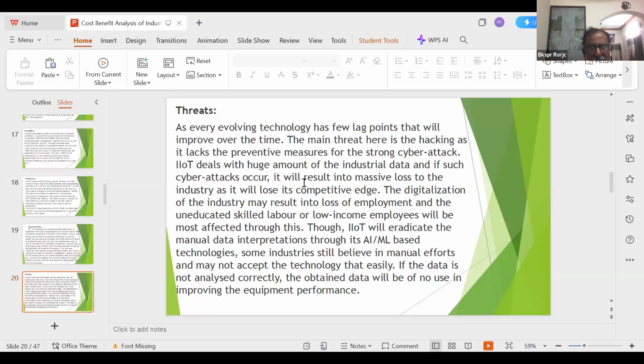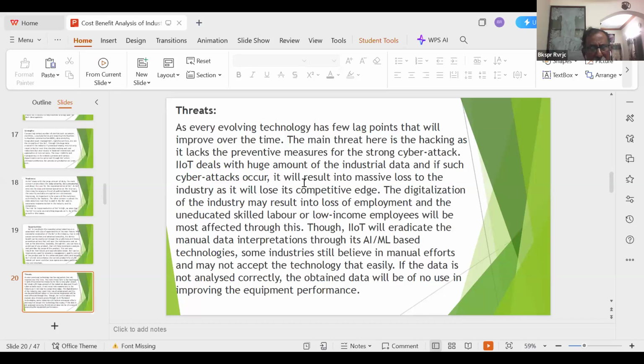The digitalization of the industry may result in loss of employment, and the uneducated, low-skilled, low-income employees will be most affected through this industrial IoT.